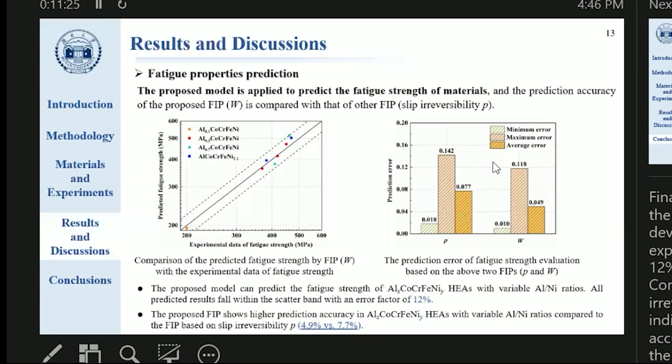In the right figure, in summary, our indicator W enables fatigue strength prediction for the four HEAs with variable compositions, providing a new method for rapid prediction of HEA fatigue properties.